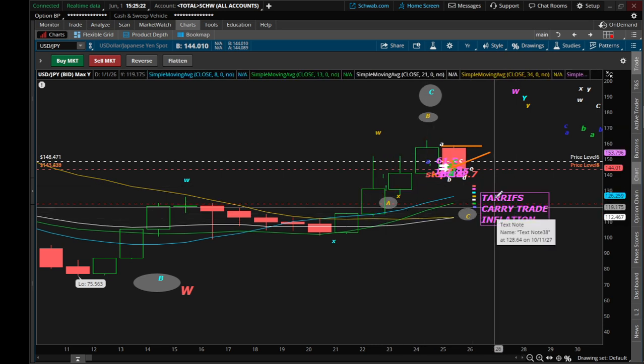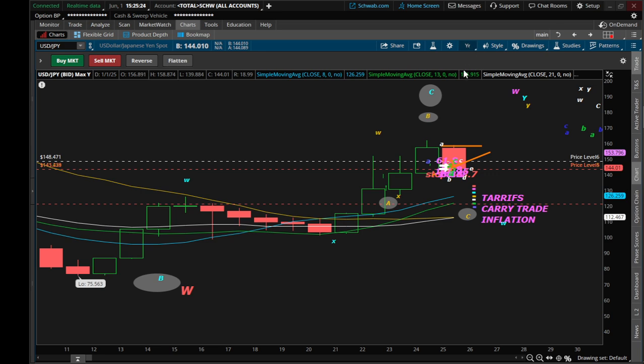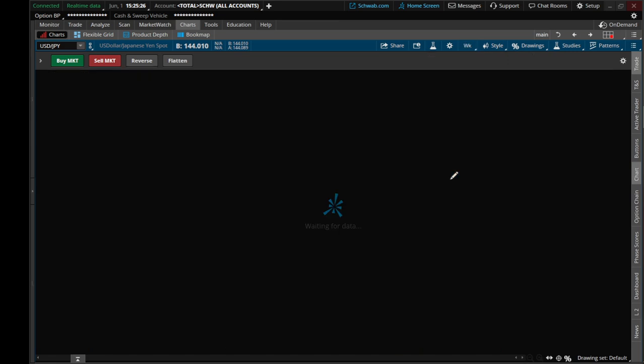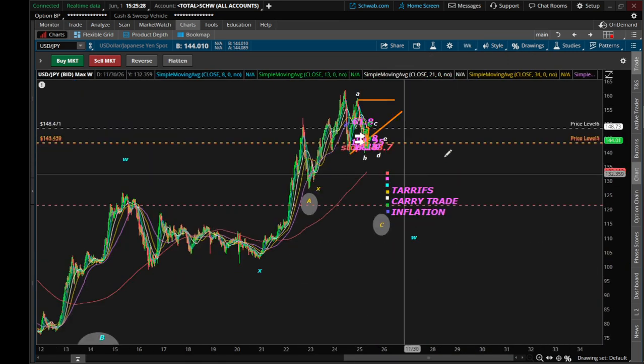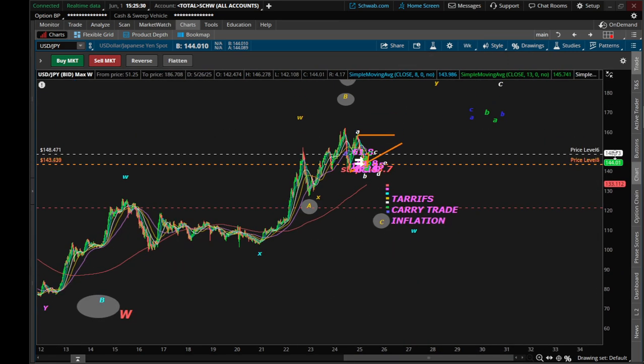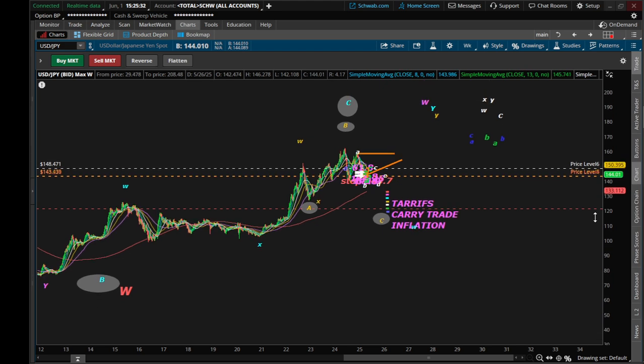Okay, so with that being said, we're going to zoom into the weekly real quick. Here's the WX, and looking for a Y maybe over here. And our alternate is A, B. This would be like an expanding flat here. This move A, B, and a C down.